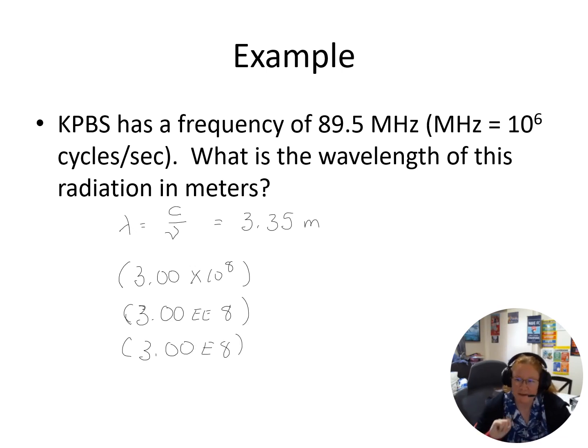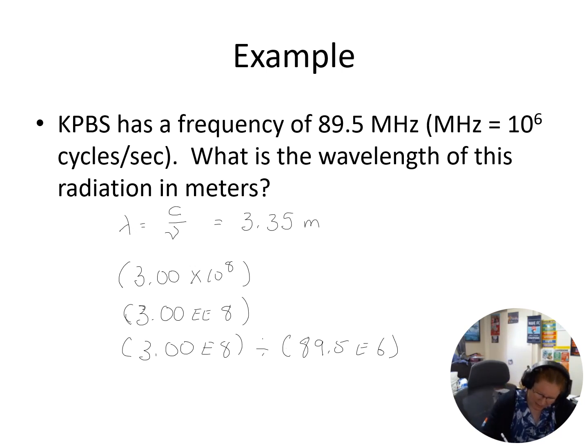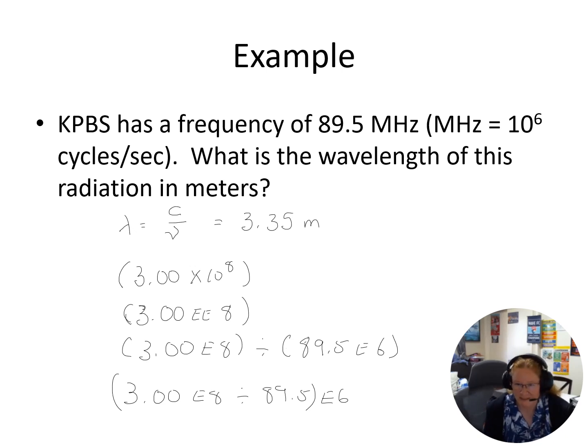Okay, but you want to put that in parentheses, and then you do the division of your 89.5 E6, and it's very important to put that in parentheses. If you don't put these in parentheses, what your calculator will do is this. So if you try to type it in like this, what your calculator will do is it will do this part, and then it will multiply the whole thing by 10 to the 6th.